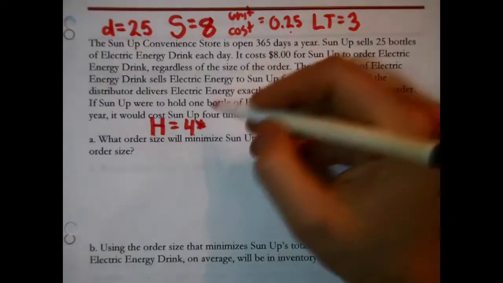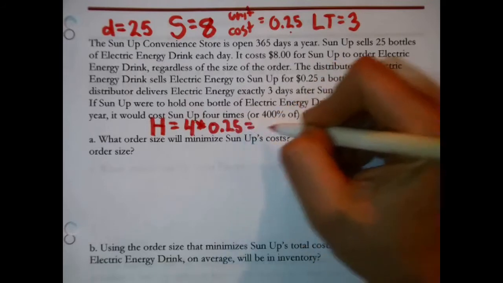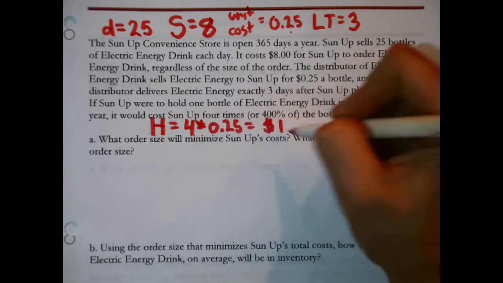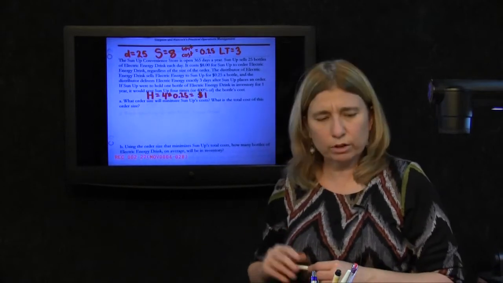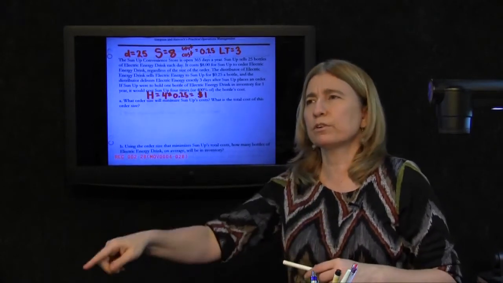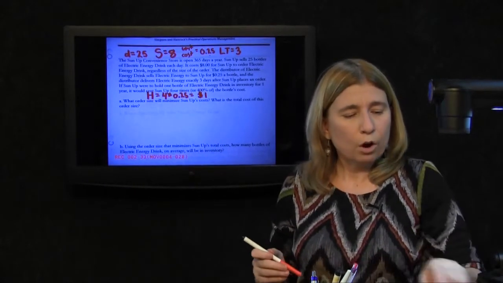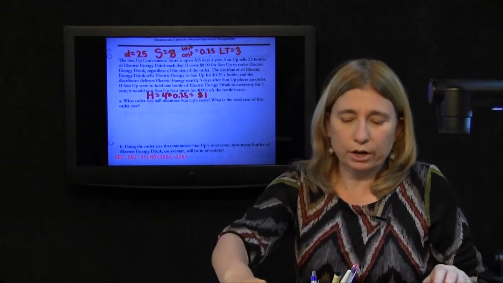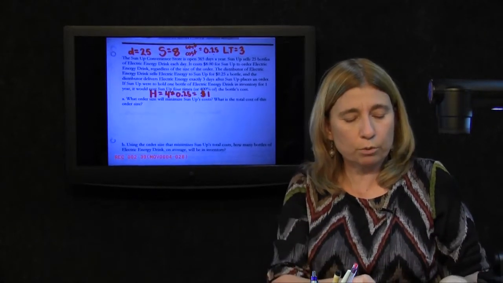Oh, that's what we need the 25 cents for, revealing that it costs $1 to hold 1 bottle of electric energy drink in inventory for 1 year. Now, what's asked? What order size minimizes Sunup's cost, and what is the total cost of that order size?